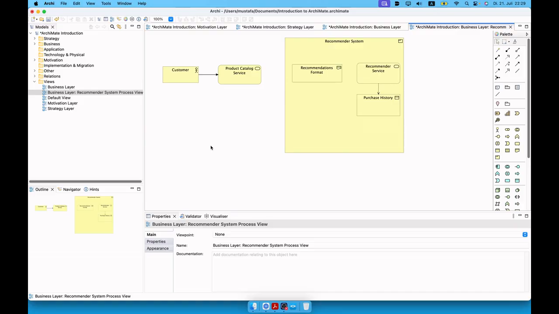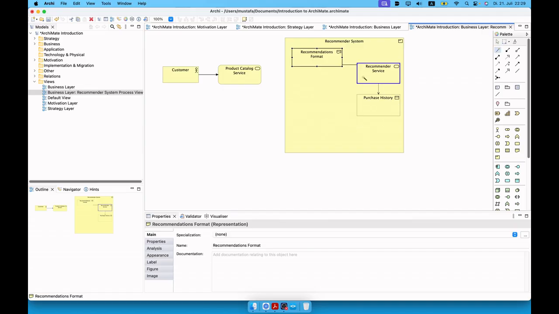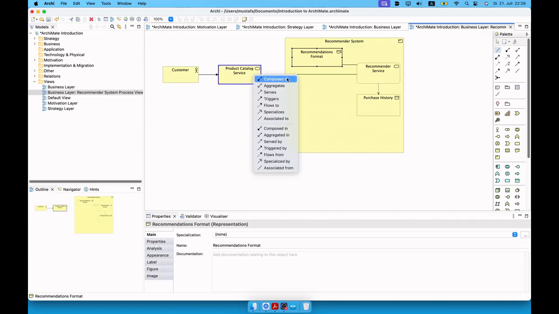Now what we need to do is to map the relations once again. So this is an association, and then this is again the service.